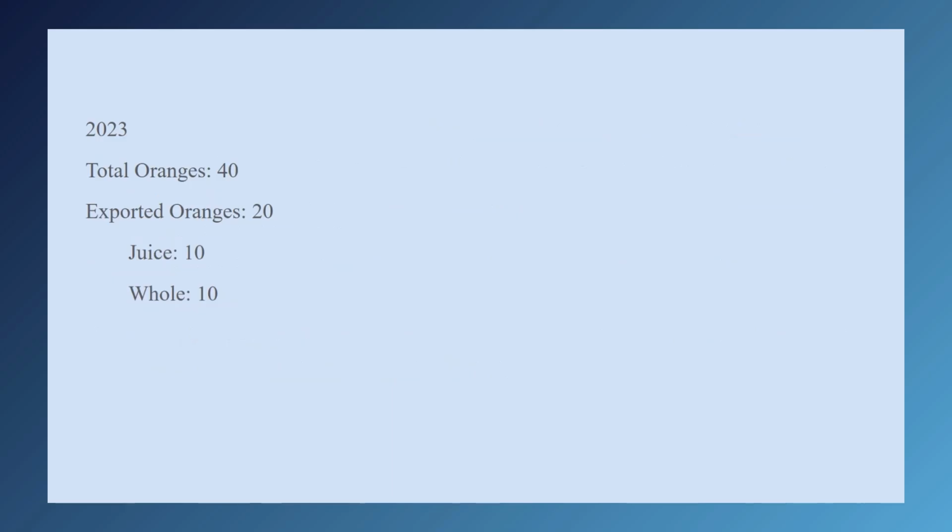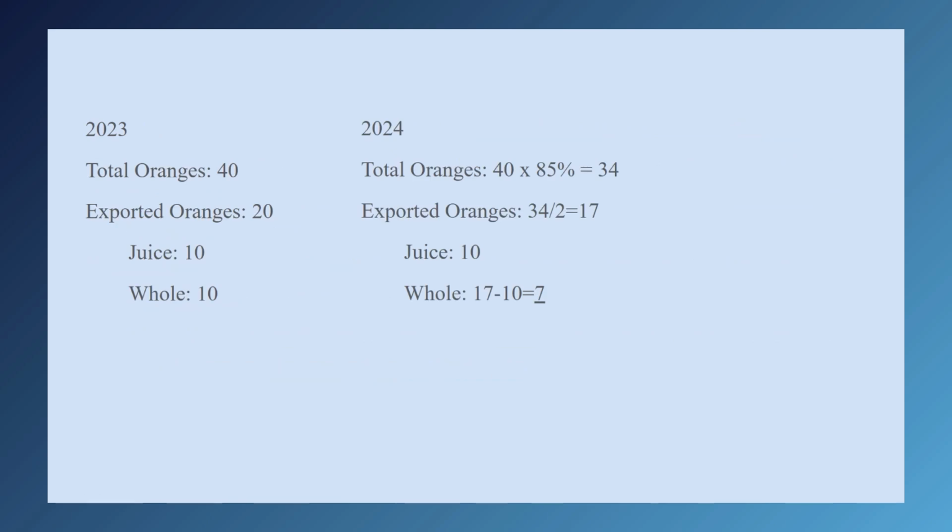They consumed 20, which is 50%. They exported the other 20, and they exported 10 of the oranges in juice form and 10 of the oranges in whole fruit. So 10 plus 10 plus 20 equals 40 total oranges. This is for 2023 and 2024. They only produced 85% as many oranges. So we'll say that they exported 17 and consumed 17.